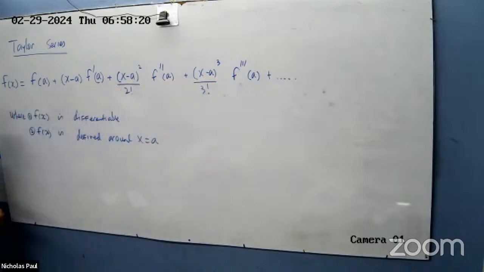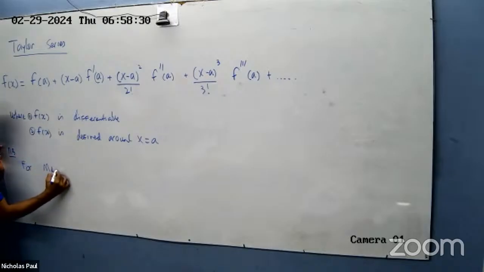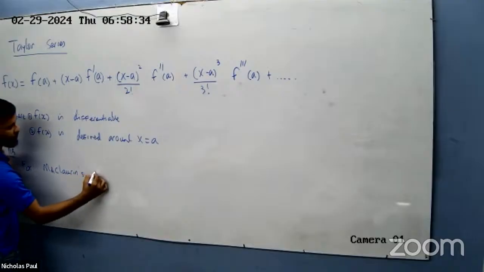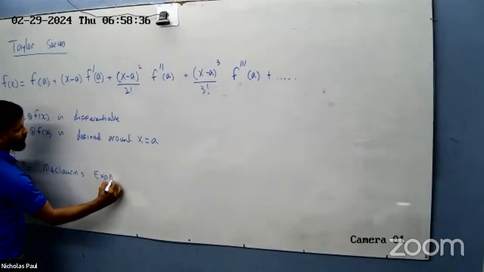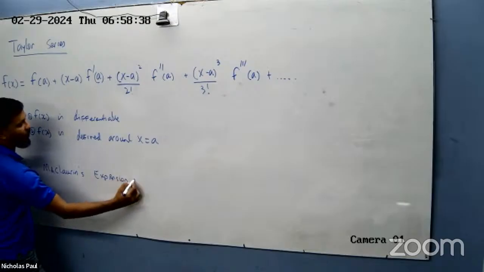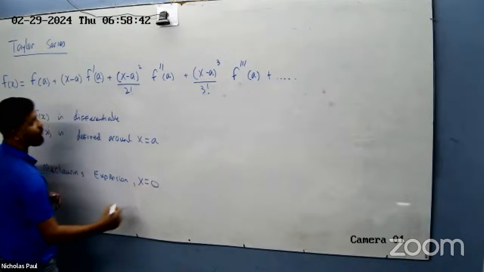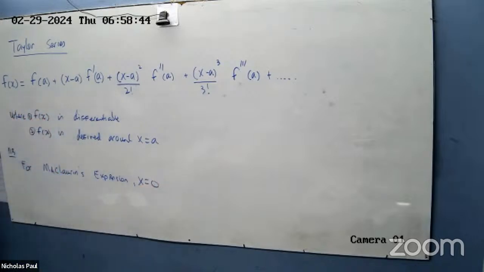And for Maclaurin's, note that Maclaurin's is the exact same formula, but x is equal to 0. Same formula, but x is equal to 0.